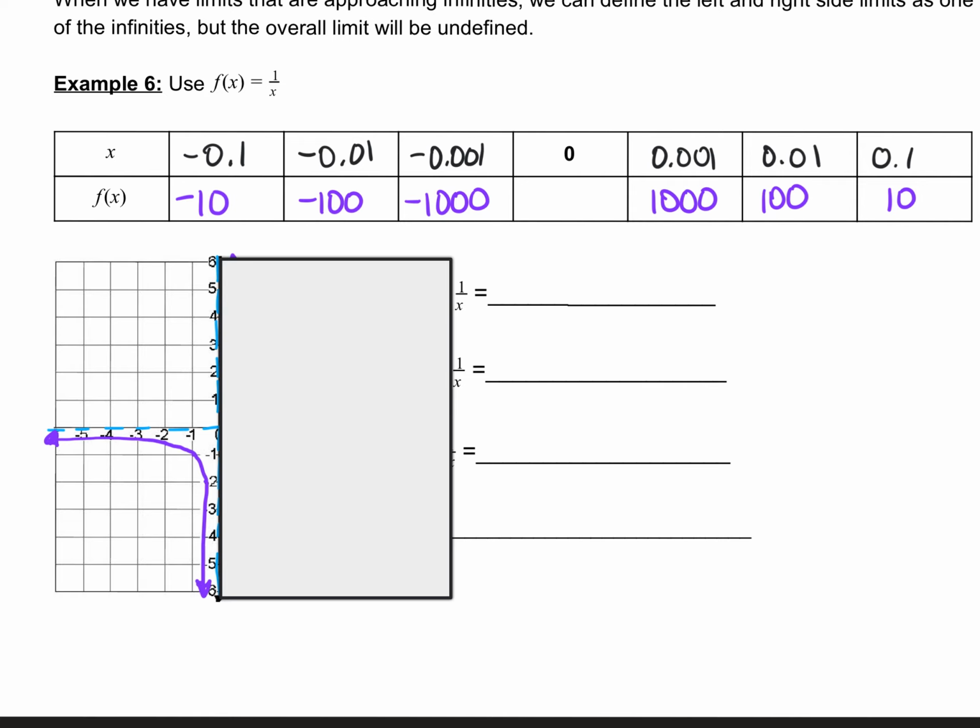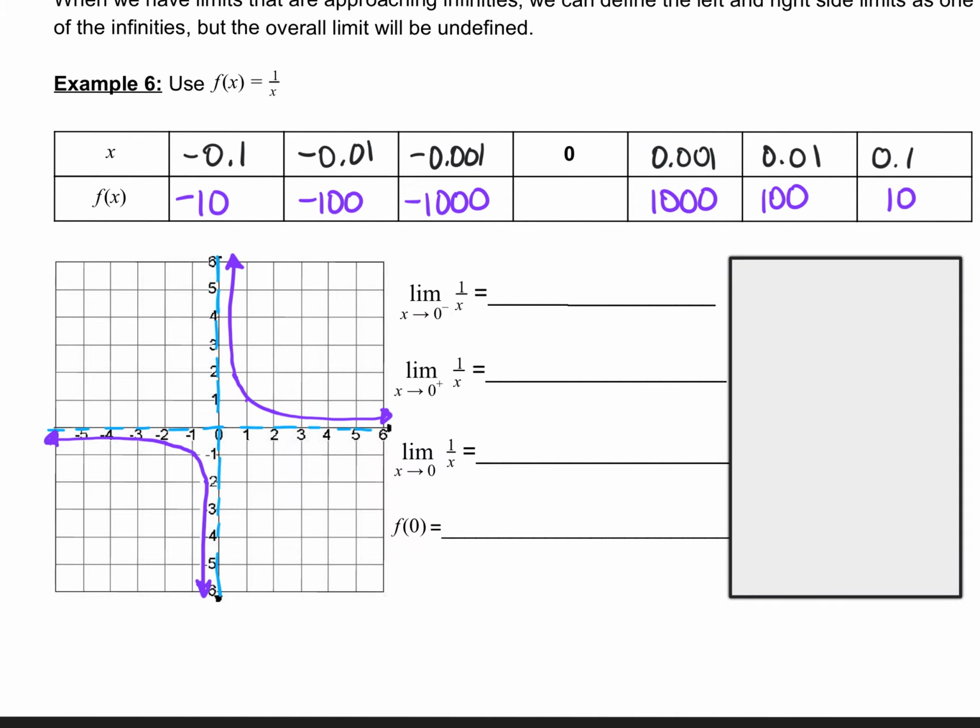Like it doesn't look like it's going to reach a specific value. So there's two ways I can write that limit. On the left side limit, I could either say that the limit does not exist if you don't want to worry about whether you have to write infinity or negative infinity, or because it is approaching what looks like it's going to be negative infinity, I could write that for my left side limit as well.